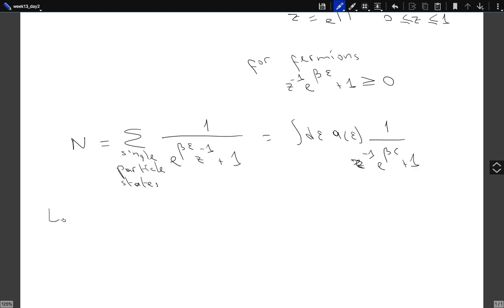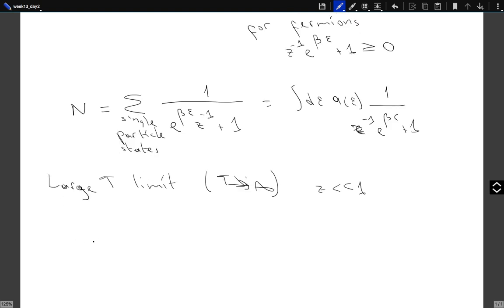Now, if you look at the large temperature limit, we know that z is much smaller than 1. Essentially, it will go to 0 in the large temperature limit. So we can make a Taylor expansion, just like we did in the case of the bosons. Now, let me look at what this integral over epsilon was.